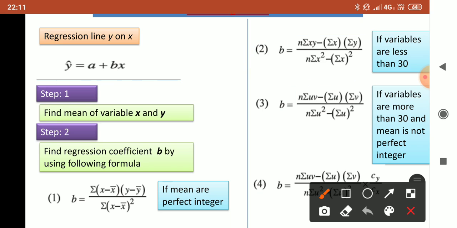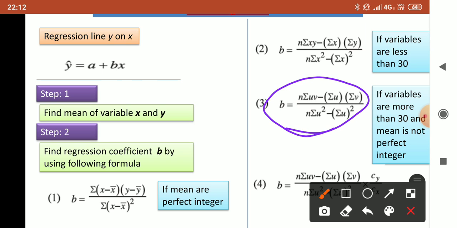If the variables are more than 30, then what is the formula to find b? n sigma uv minus sigma u into sigma v upon n sigma u square minus (sigma u) the whole square.